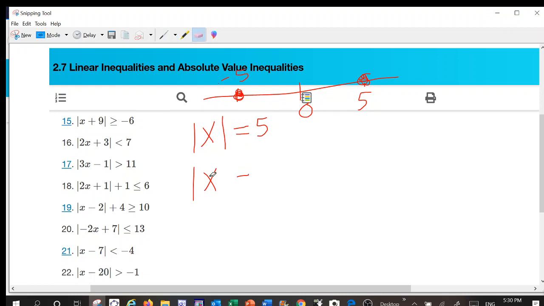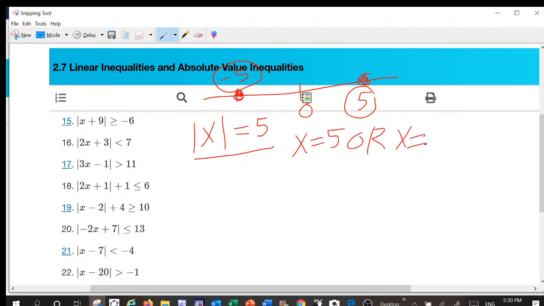Let me give you an example of that first. When we solve this equation, basically we have to say either x equals this number or x equals this number. So that means either x equals 5 or x equals negative 5. Now if we have something like this, we use the same idea.